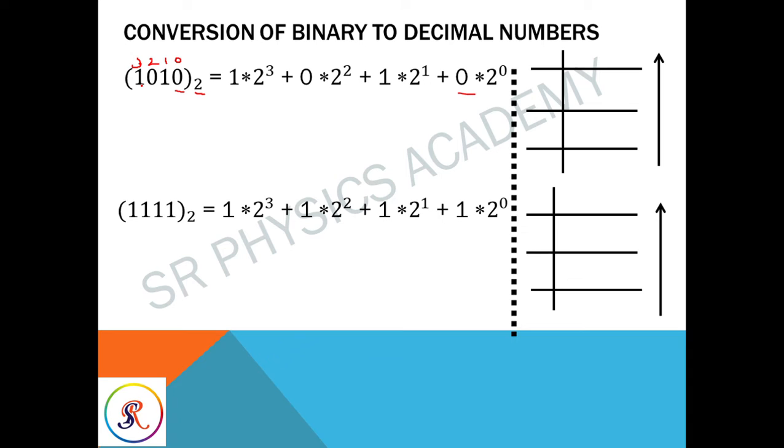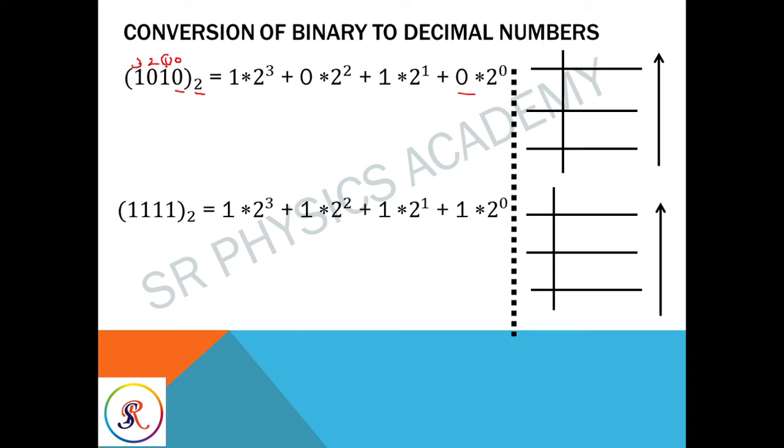So in this case 0 into 2 power 0, plus the next number 1 into 2 power 1. Next 0 into 2 power 2, 1 into 2 power 3.